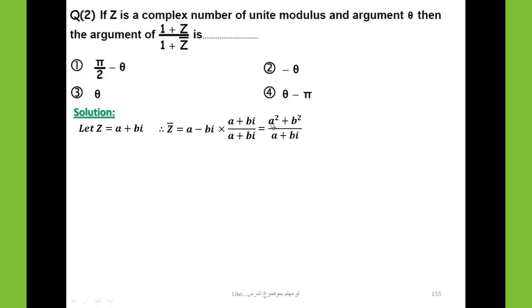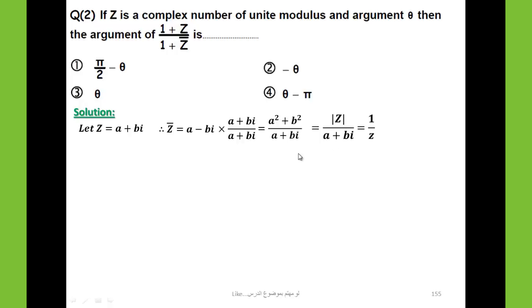But a square plus b square is the modulus of z squared, and the modulus of z equals unity, equal 1. So we can substitute a square plus b square equals 1. And a plus bi equals z.